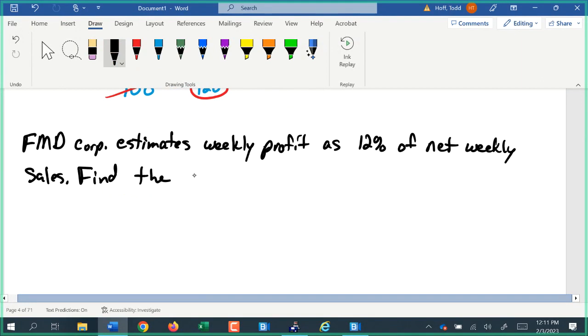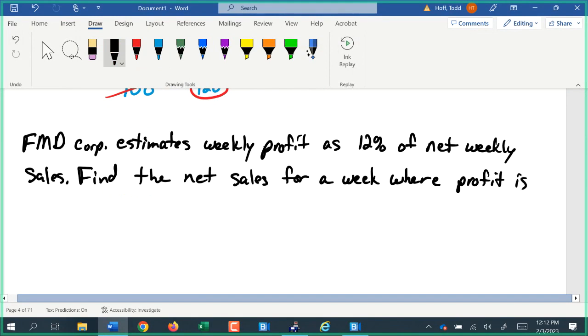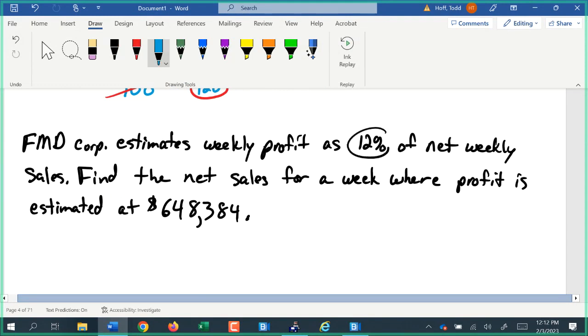Find the net sales for the week, where profit is estimated at $648,384. So let's start out with that percent, 12%.